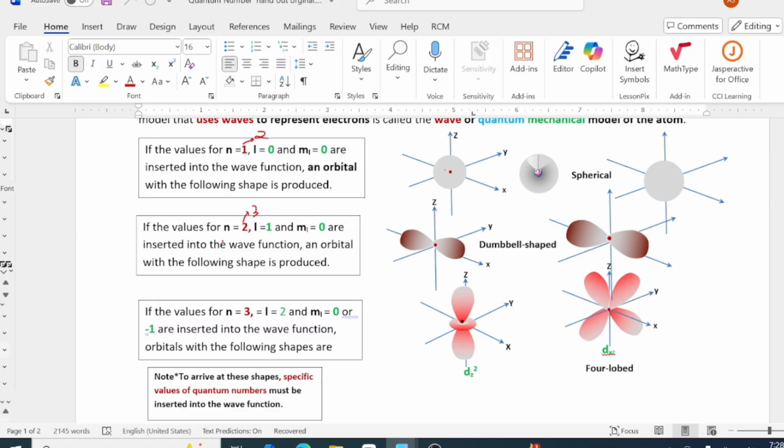If the values for n equals 2, l equals 1, and ml equals 0 are inserted into the wave function, an orbital with the following shape is produced, and that is a dumbbell-shaped orbital. However, if all these values remain the same, but you change n to 3, you get the same dumbbell-shaped orbital, but one that is bigger than that one there.